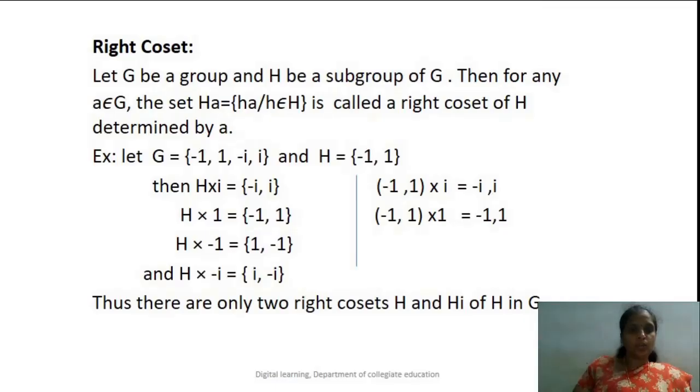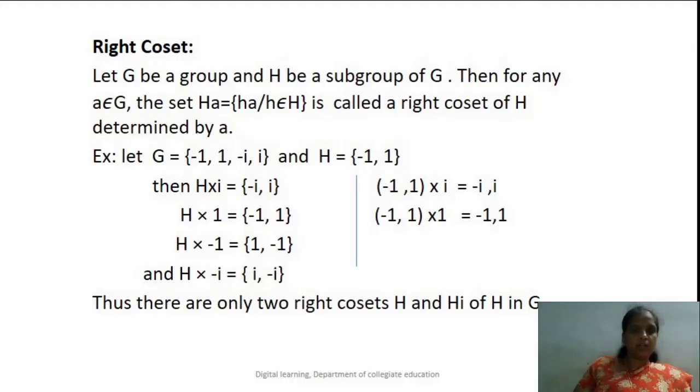These are two different sets. -1 and 1 are present in H, and -i and i are present in Hi. These are the two different cosets.